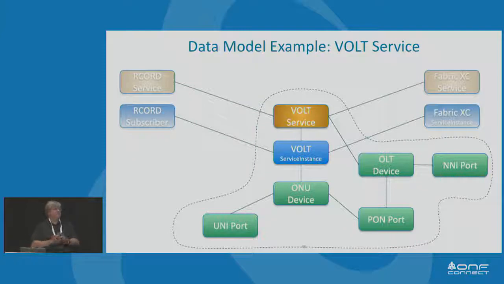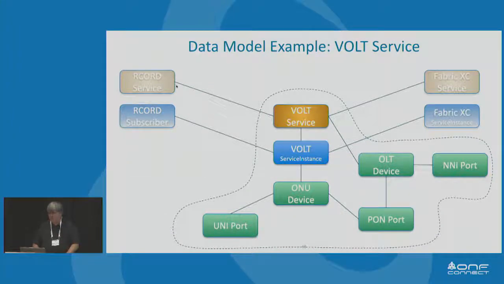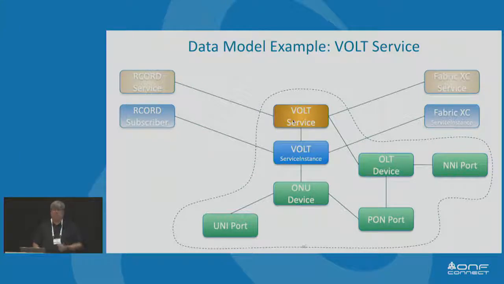Now, as an example, and we're not going to work through this in detail, but this is just an example of the kinds of models you'll find in XOS. This is the virtual OLT service. It has a sort of a chain of service models that goes across the top here. So you can see that the RCORD service, that is the residential subscriber service, it uses the virtual OLT service because residential subscribers need presence in the OLT.